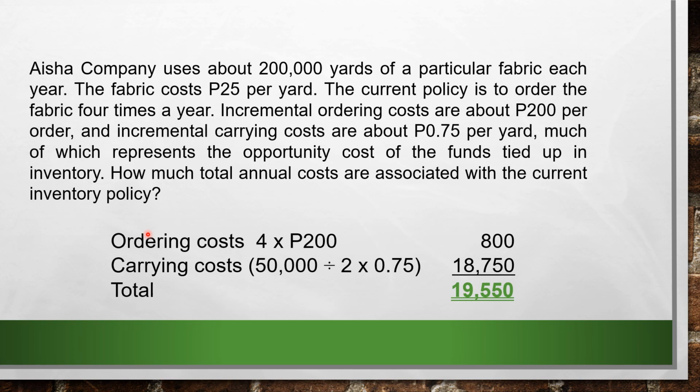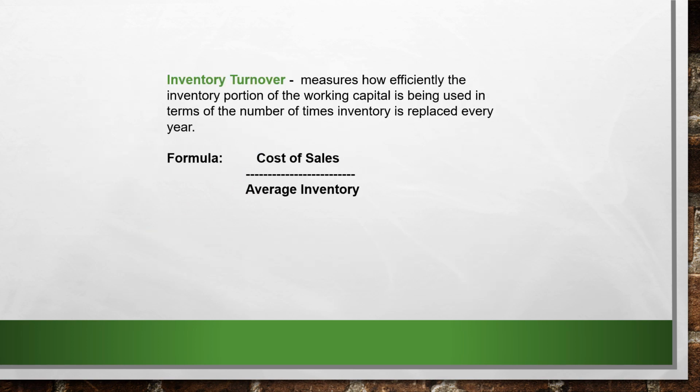So divide that by 2, we get the average inventory, times the carrying cost of 0.75. So we get 18,750. The total annual cost associated with the inventory is 19,550.